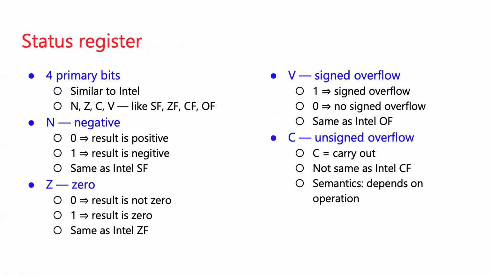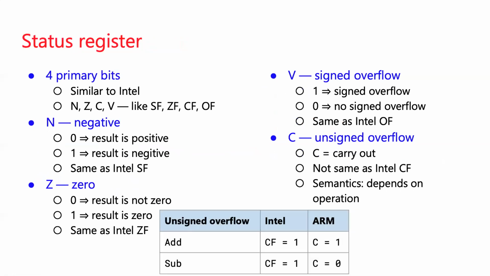For ARM, they just take the carry bit that you would get from doing subtraction by adding the negated result, which means the carry bit's going to be flipped compared to Intel. Not every time though, only when you're doing subtraction.